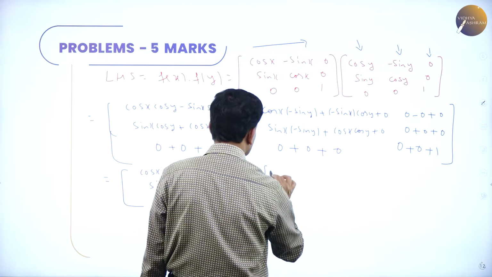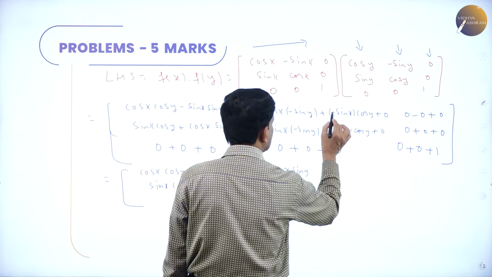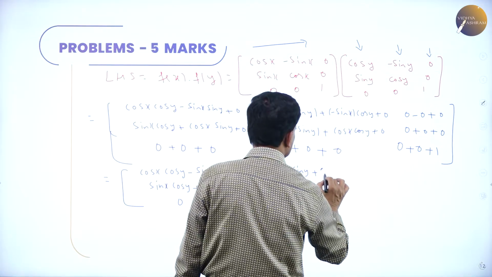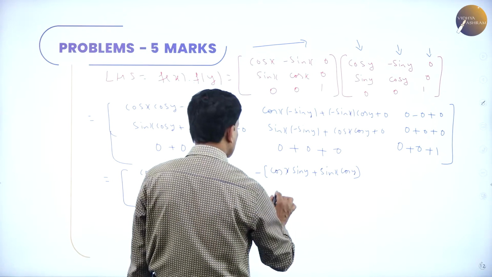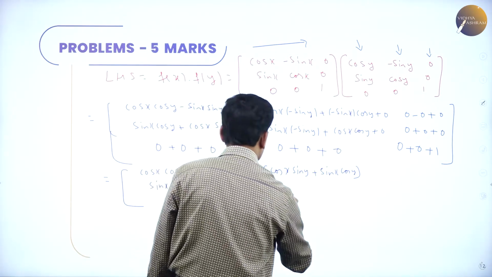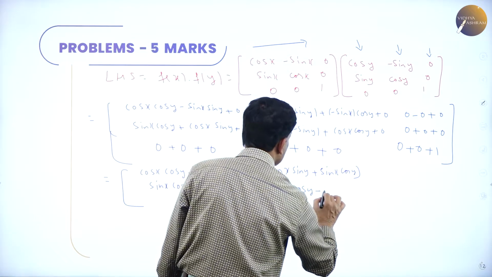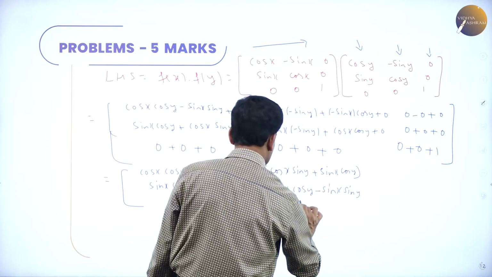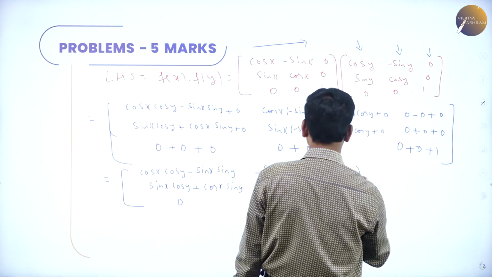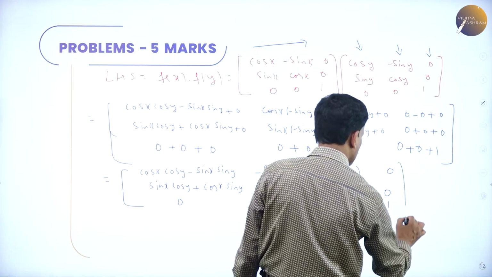If I take the negative common factor, then this becomes cos x sin y plus, as it is, sin x cos y. Next, here also we can interchange this. I can write this first, cos x cos y minus sin x sin y, and this 0 as it is. Now here this is 0 plus 0 is 0, this is 0 plus 0 is 0, this is 0 plus 0 plus 1 is 1.